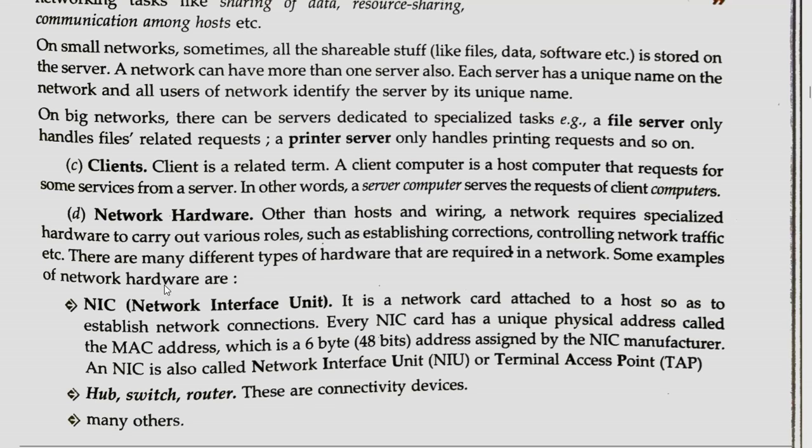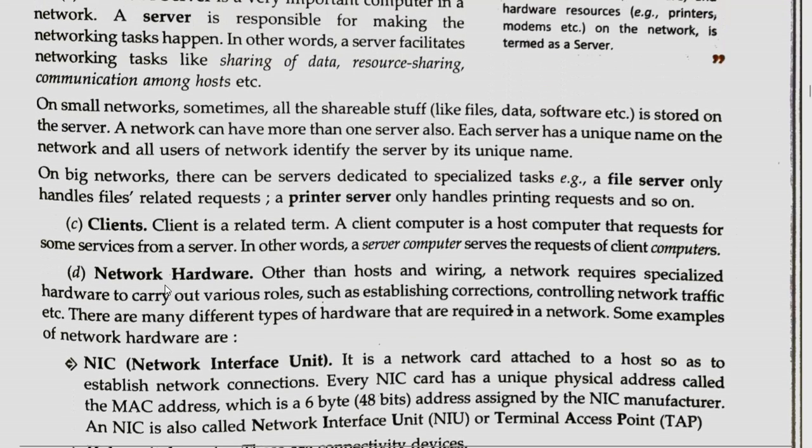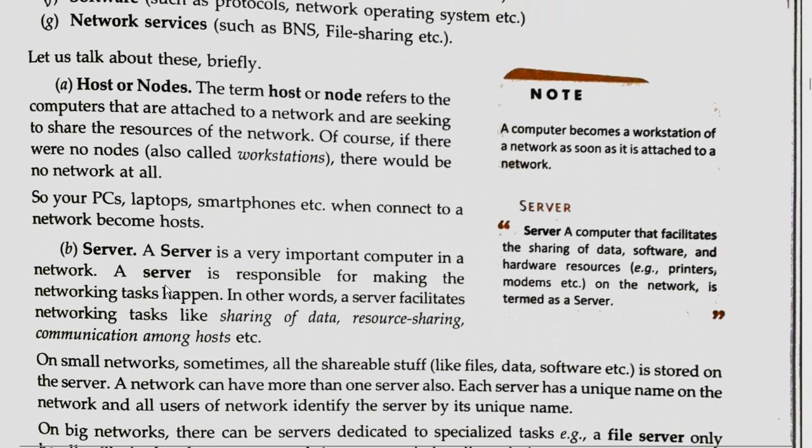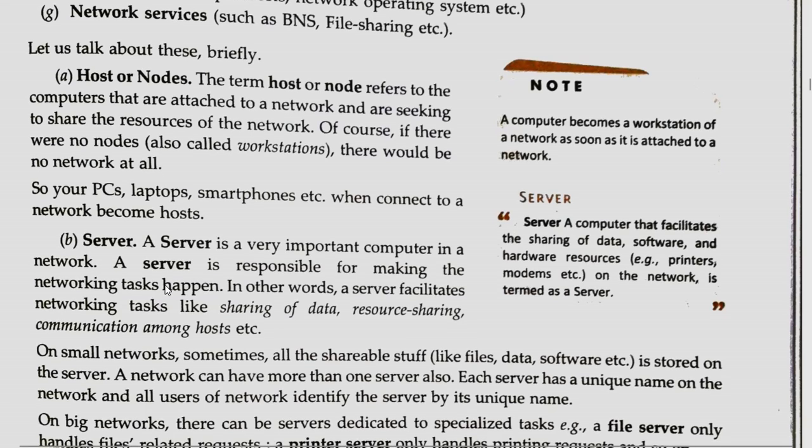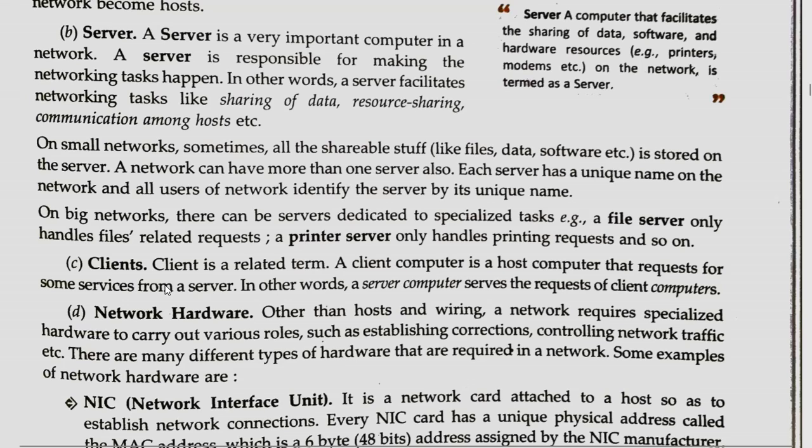So what are the different things we have discussed? The first thing was the host or the nodes, who were seeking resources. Then there was a server, which serves those resources. Then there was the client, which is a computer that asks for resources from the server computer.